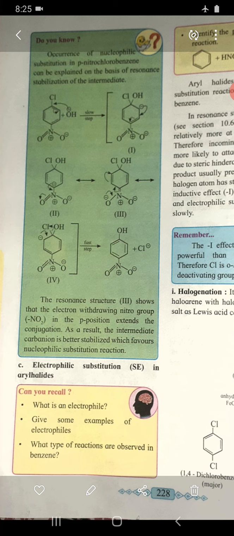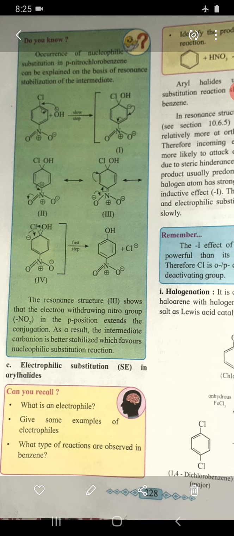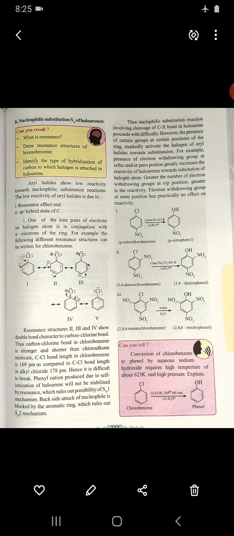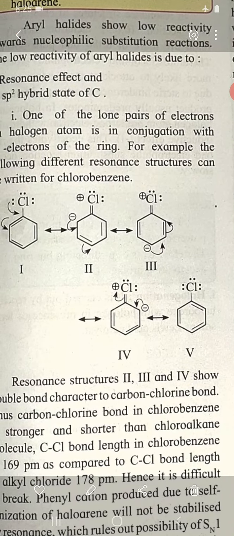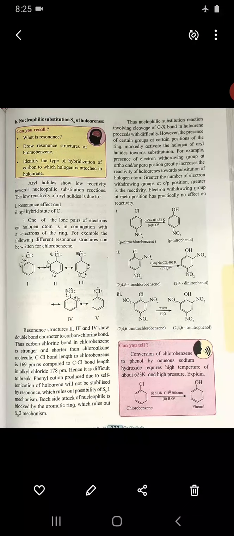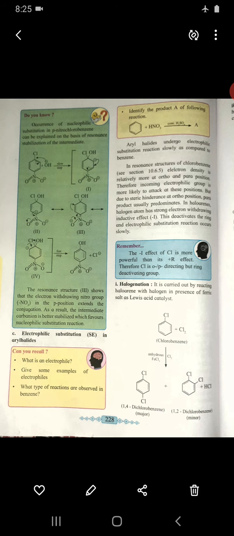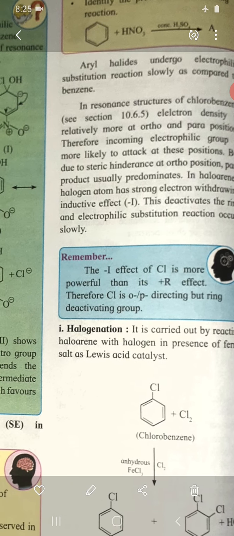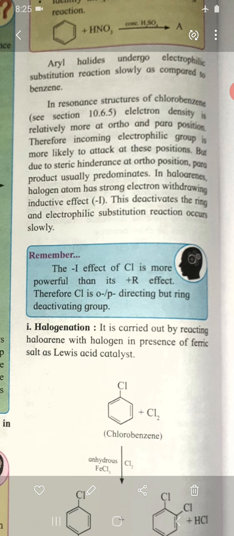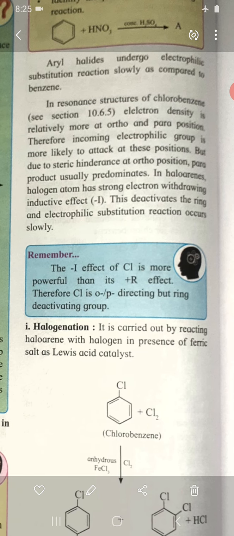In the resonance structure of chlorobenzene, electron density is relatively more at ortho and para positions. Therefore, the incoming electrophilic group is more likely to attack at these positions, but due to steric hindrance at the ortho position, the para product usually predominates.